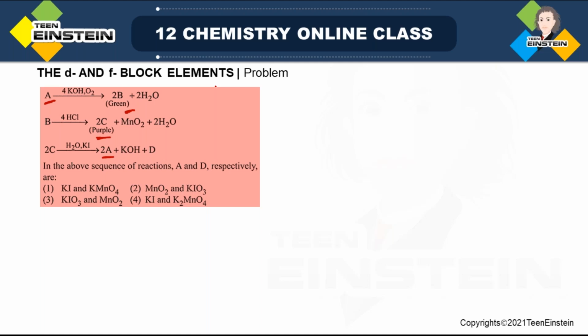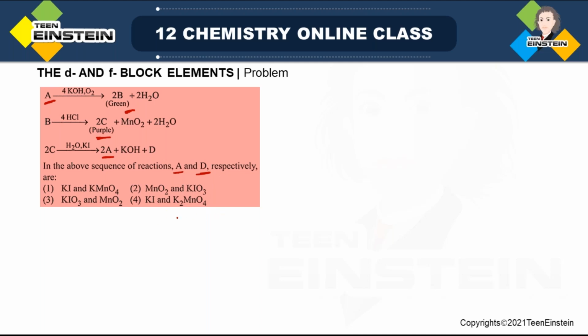So we have to find A and D only, not the other compounds B and C. But though it is asking A and D, you have to understand all the compounds. Otherwise, because it is related, if you do not know what is B and C, you will not be able to understand what is D.